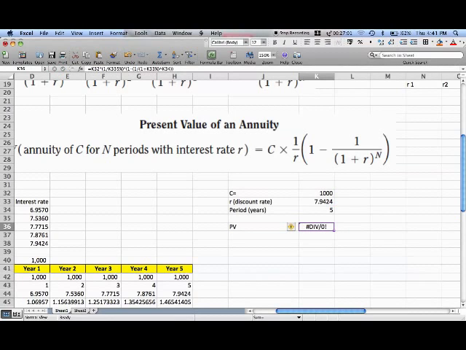So 35% times 1 minus 1 divided by 1 plus 33%, 34%.